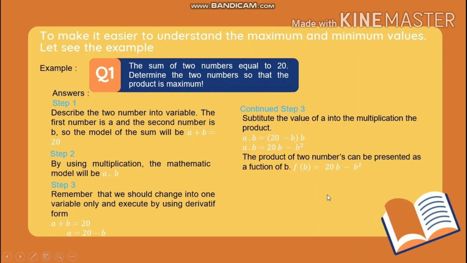The product of two numbers can be presented as a function of B. Function of B equal to 20B minus B squared.